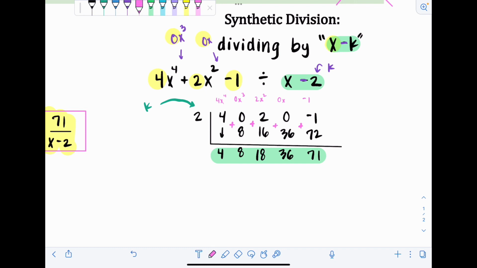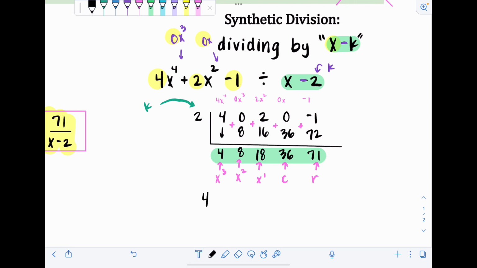So starting on the right side, this is our remainder, and then the next number over is our constant, and then the next number over is our coefficient of x to the first power. Next number is x squared, and then the next number is x cubed. So always start on the right with the remainder, and then go constant, x to the first power, x squared, x cubed.